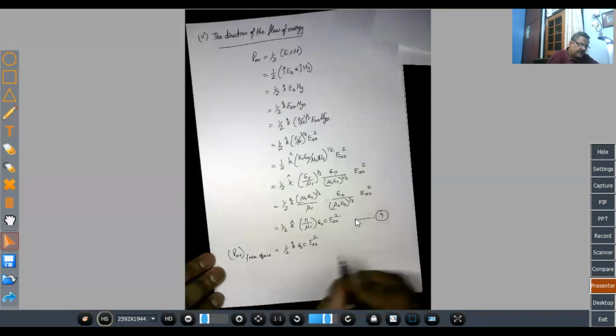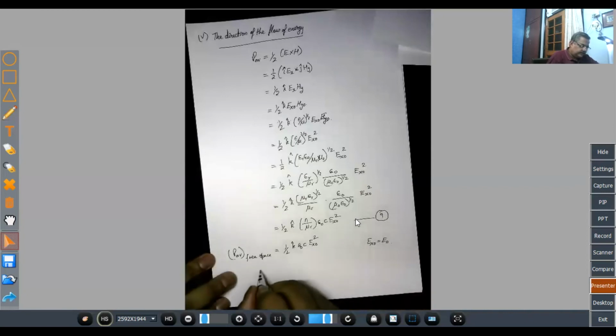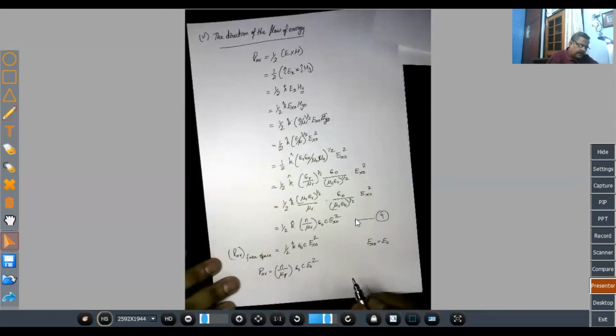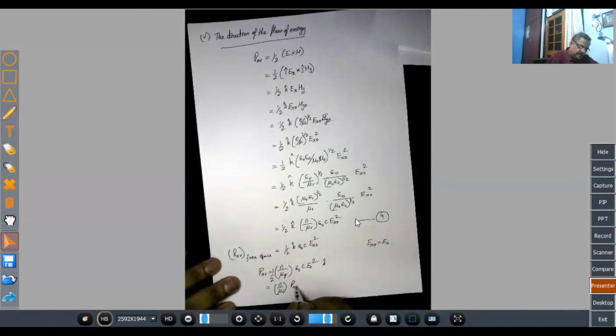Now, since this is the only vector, so we can write this as E0, then this one is E0 square, and half k epsilon 0 c E0 square, in free space.